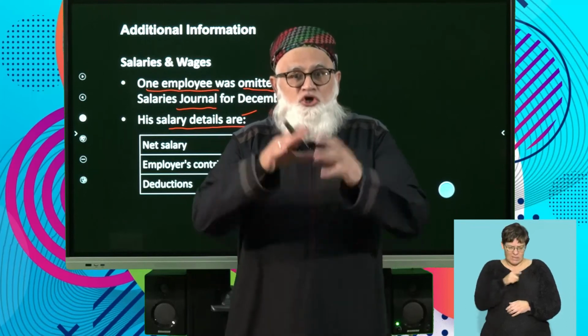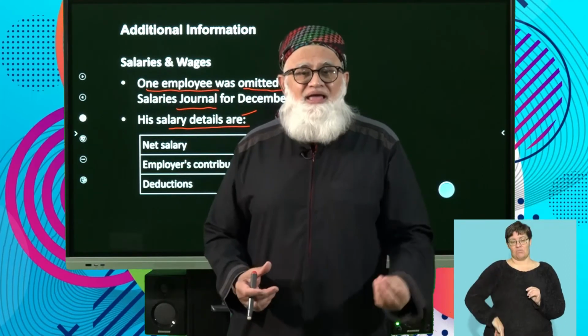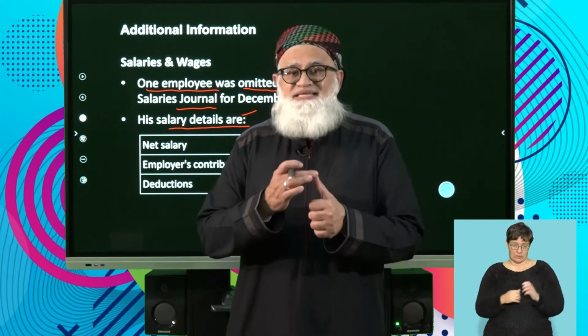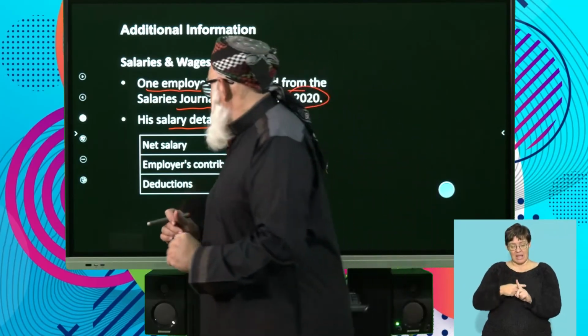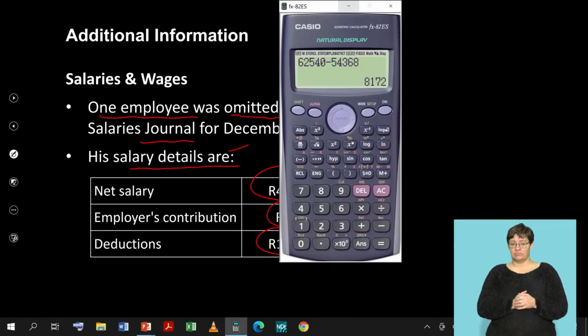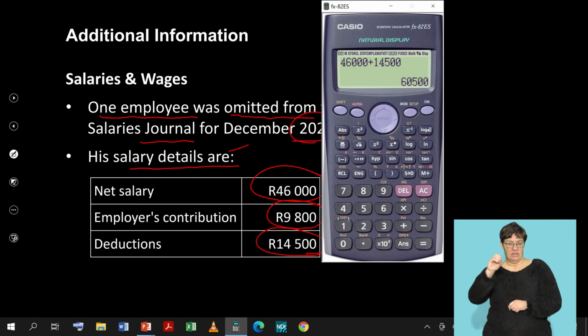I'm looking for my gross salary, the total salary that was due to my employee. So what is it? It's the net salary plus my deductions. Watch. So what do we do here? We take our figure here, which is 46,000, right? Plus the 14,500, and that will give you a figure of 60,500.